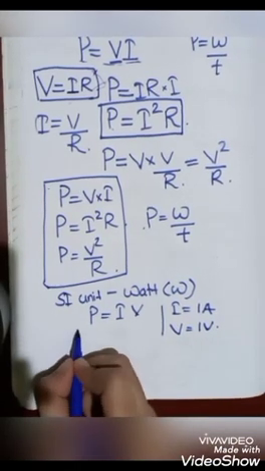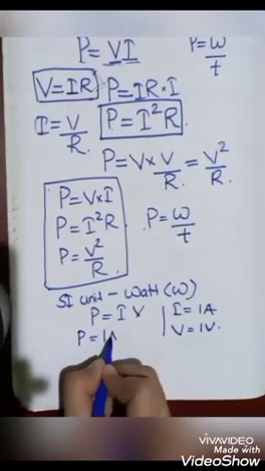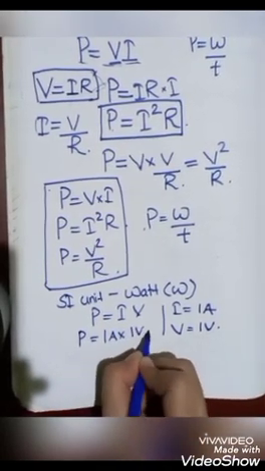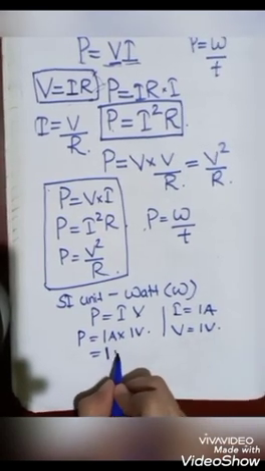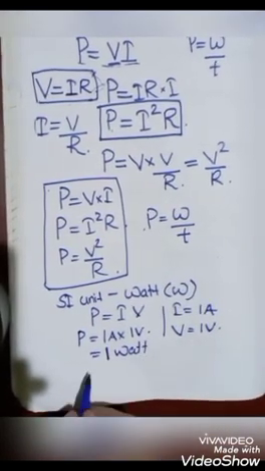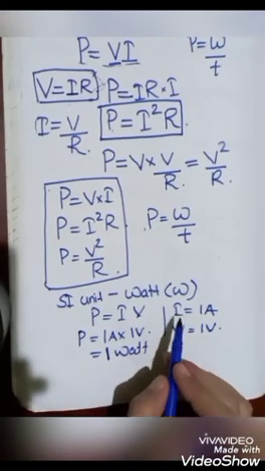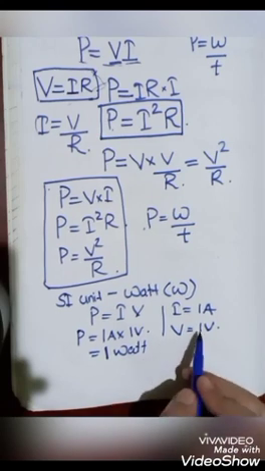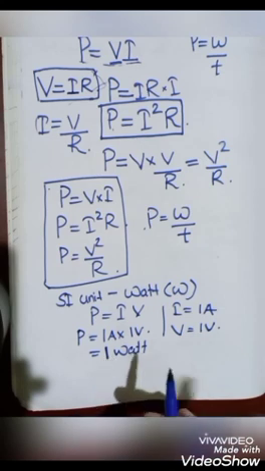Then what will be the power? P is equal to 1 ampere into 1 volt, that is 1 into 1, that is 1 watt. That is, for 1 ampere current and for 1 volt potential difference, we will get the power as 1 watt.